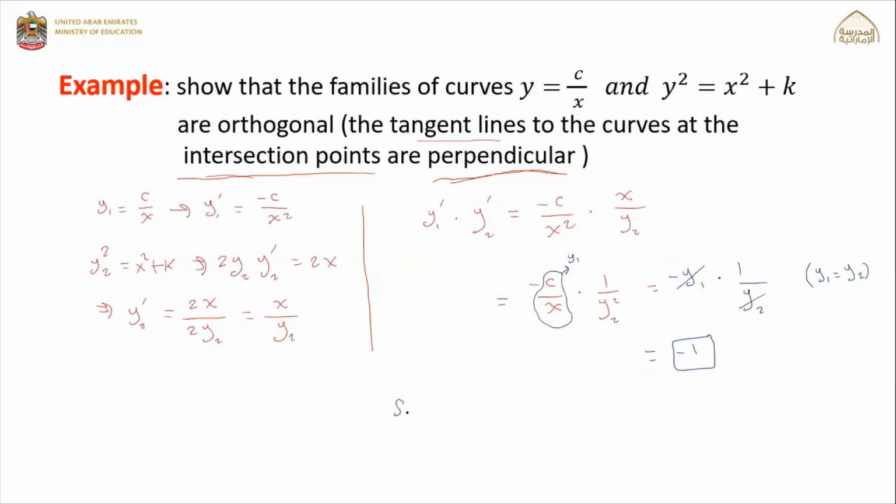So y1 and y2 are orthogonal. Two curves are orthogonal.